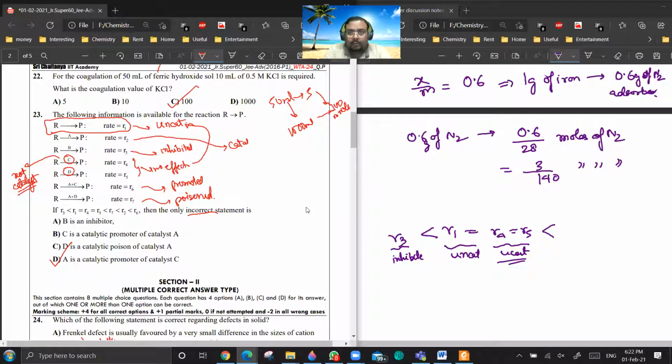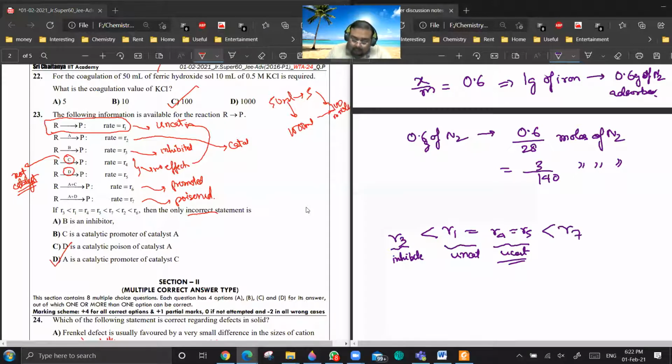Are you getting the point? So now anything which is greater than R1 means that it is catalyzed. R7 is greater than R1, and R2 is also greater than R1, and R6 is also greater than R1.